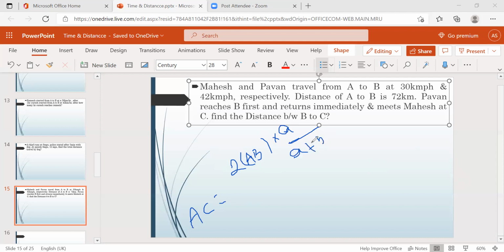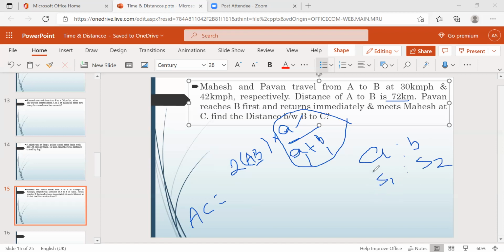What are this small a and small b? AB is the distance they gave, 72. But what about this a and b? These are the ratios of speeds, a is to b, speed 1 to speed 2.